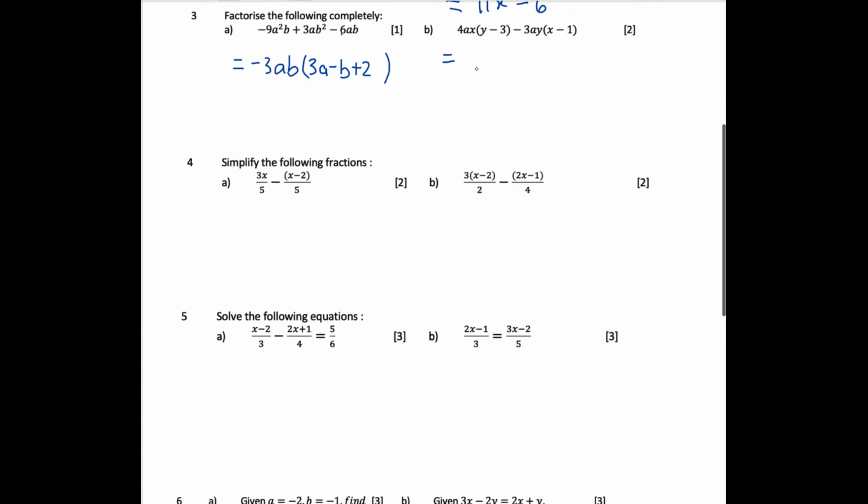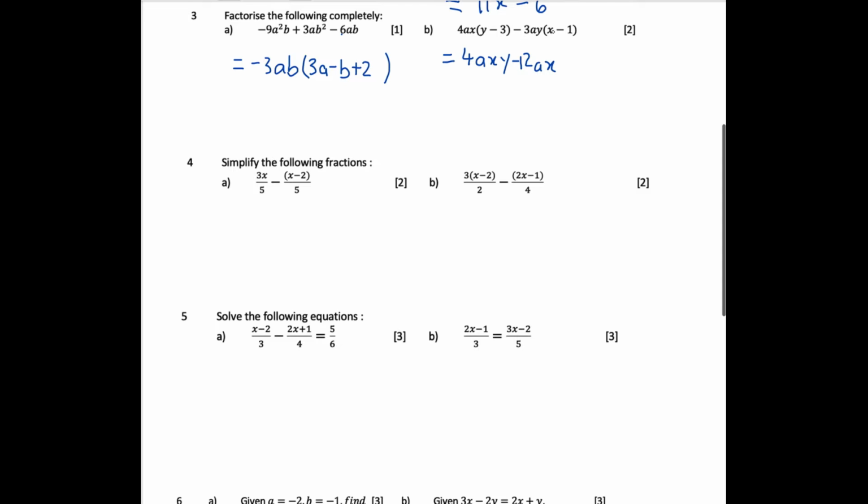In the next example, we need to open up all the brackets first, and simplify the expression before we can factorize. So we have 4ax times y, 4axy. 4 times 3 is 12, so we have 12ax.